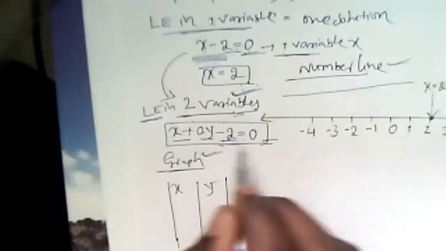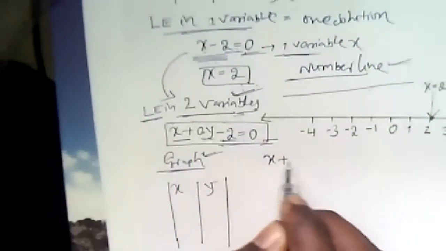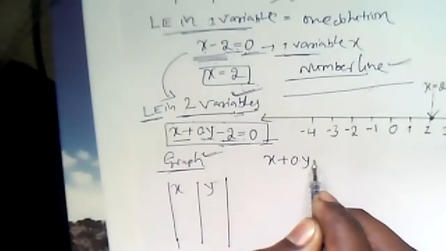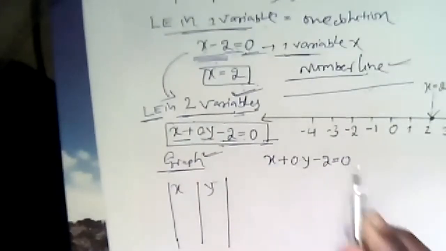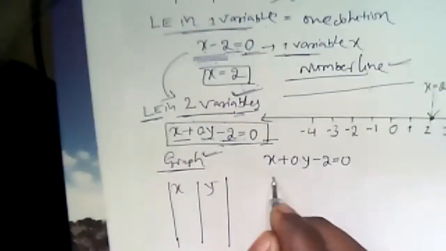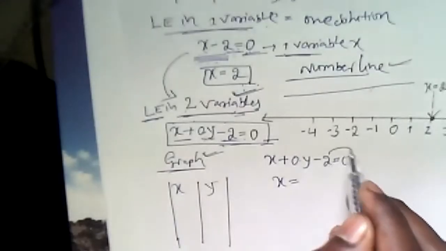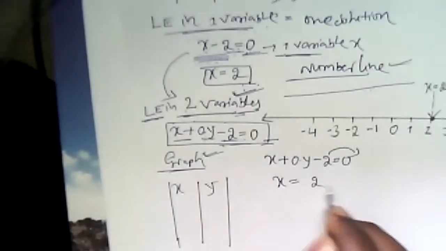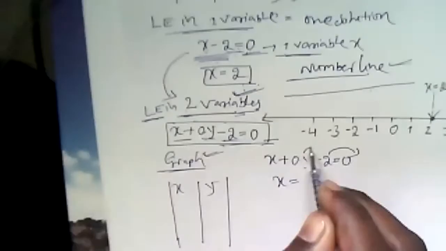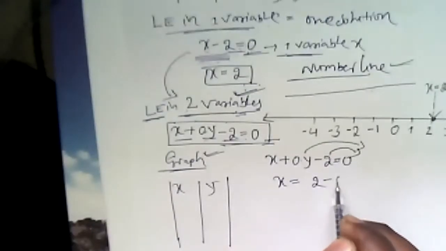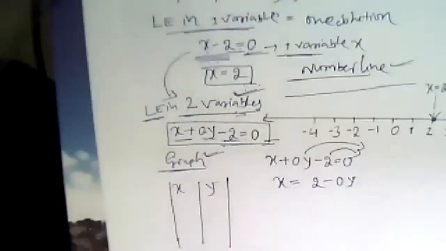The given equation is x plus 0 into y minus 2 is equal to 0. Therefore, I shall take x is equal to, 2 goes to the RHS and becomes plus 2, and 0 into y goes to the RHS and becomes minus 0 into y.